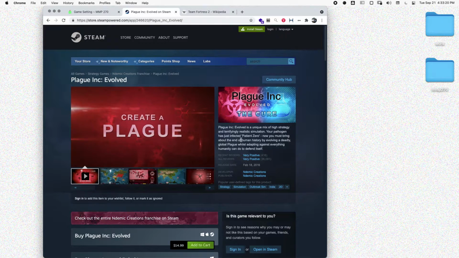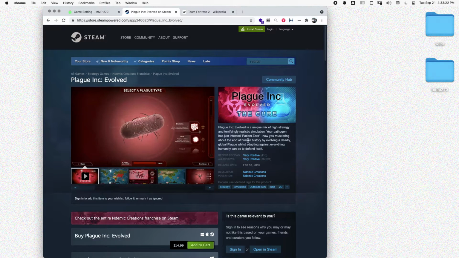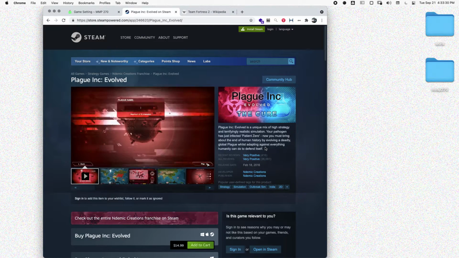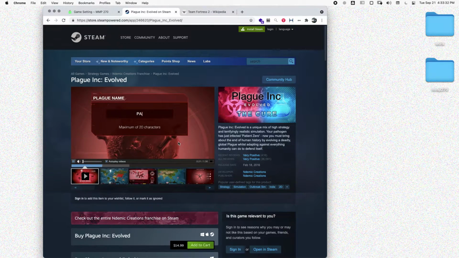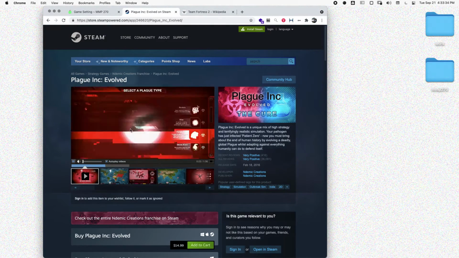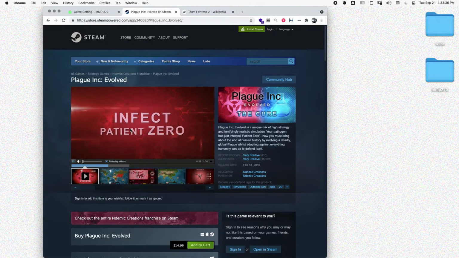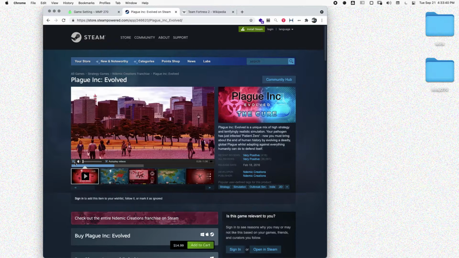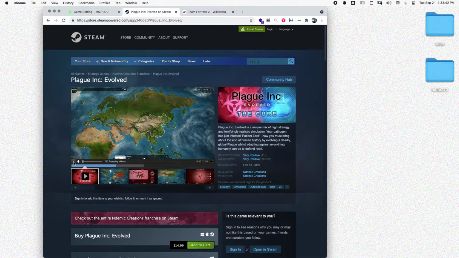Realistic simulation. A pathogen has infected patient zero. You now must bring about the end of human history by evolving a deadly global plague whilst adapting against everything humanity can do to defend itself. Yeah, that's a good example, especially for our current time period. But yeah, a simulation game. Any simulation game typically is going to be set in our world. It's the world that we recognize. So that's a good example.